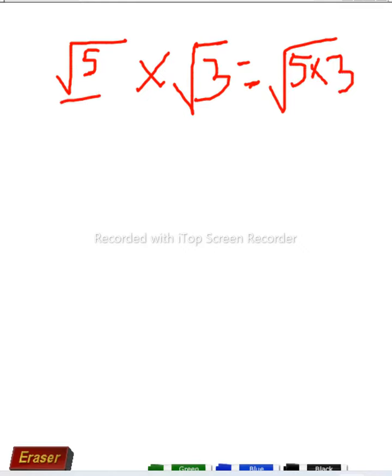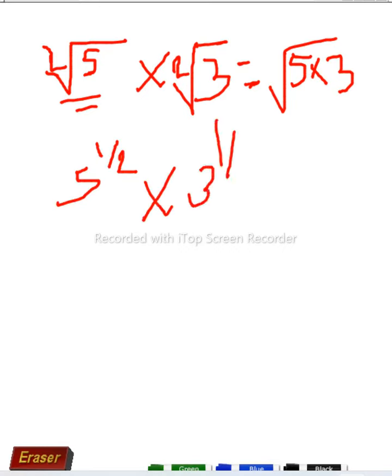This means the same as we know. We have a square root, which means we have 2 here. Here we have 2 for both the 5 and the 3. Then we write this in the form of exponents, the power of 1 over 2. This is the same as this, times 3 to the power of 1 over 2.